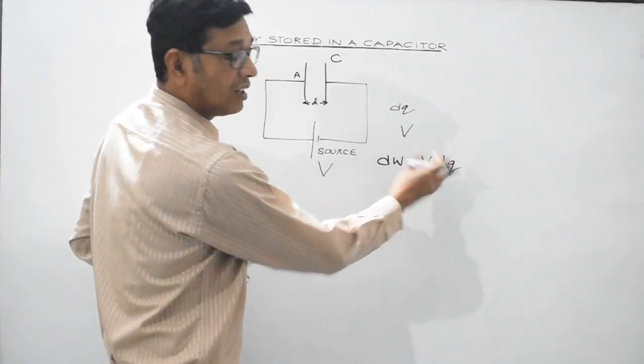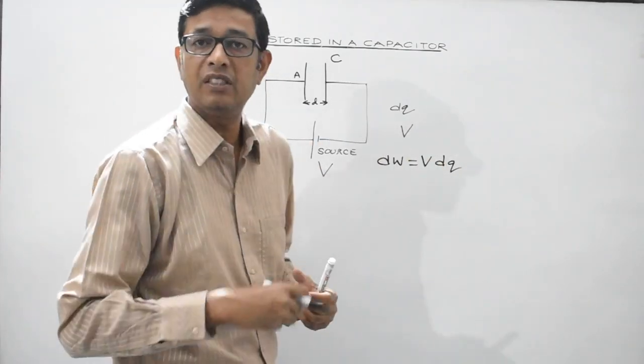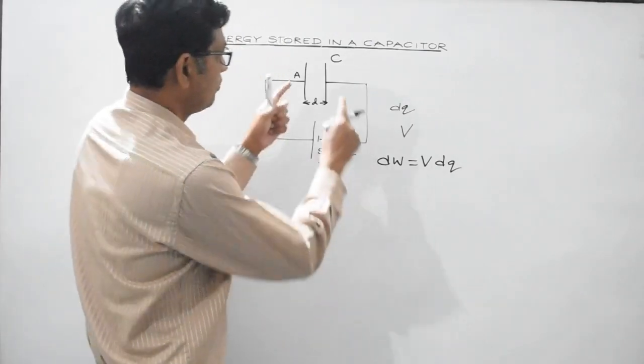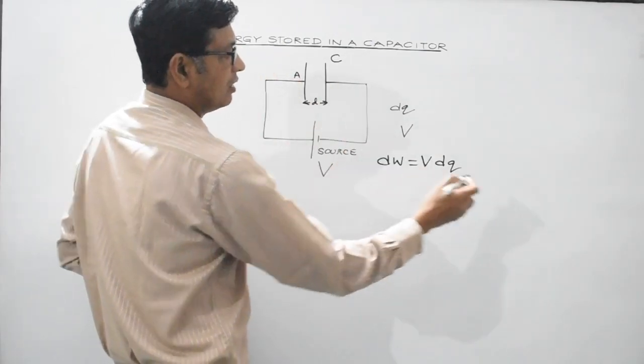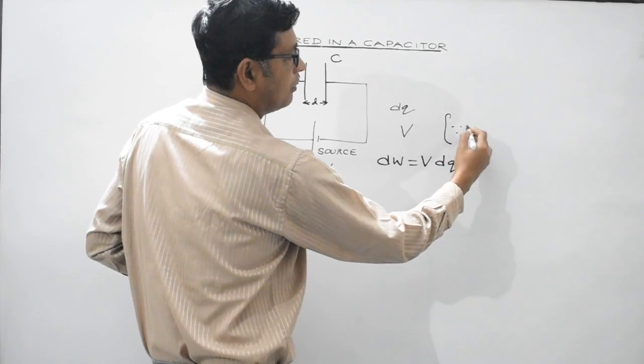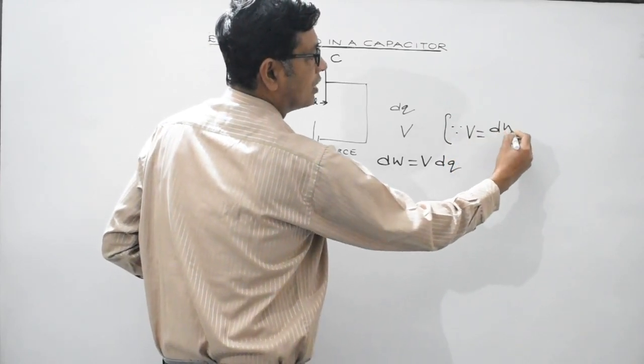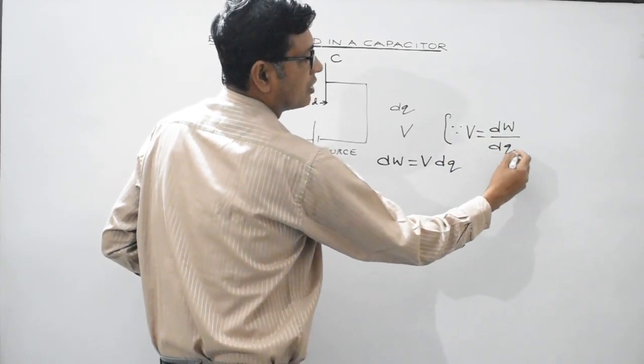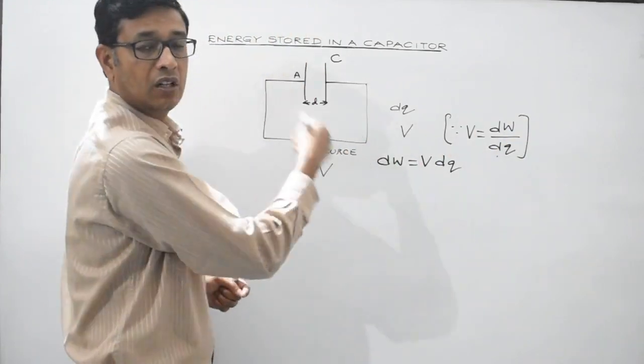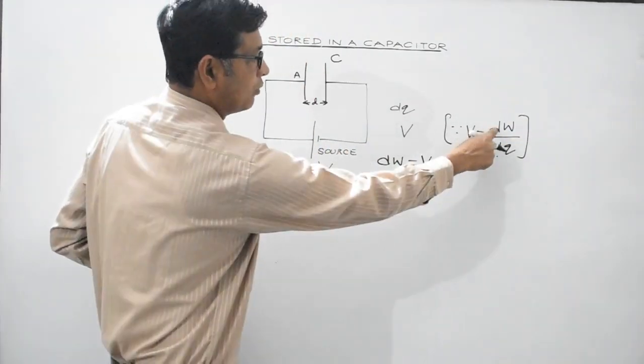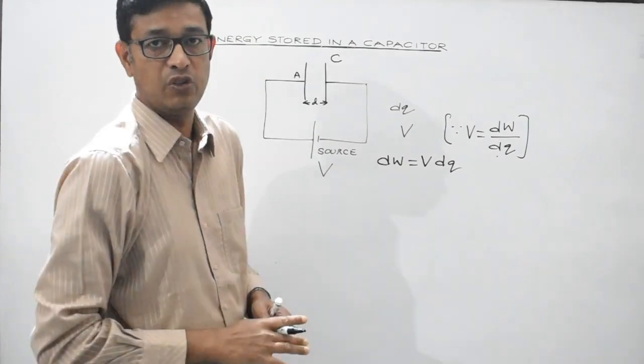Now, where has this come from? It is as per the definition of potential difference. Potential difference across the plates is V. As per definition, potential difference is work done per unit charge in moving this charge from one point to another point, isn't it? So from here, dW is equal to V dq.